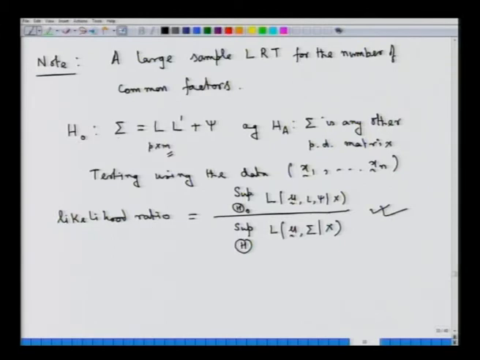Now, in order to do so, what we would require is these two supremum quantities.